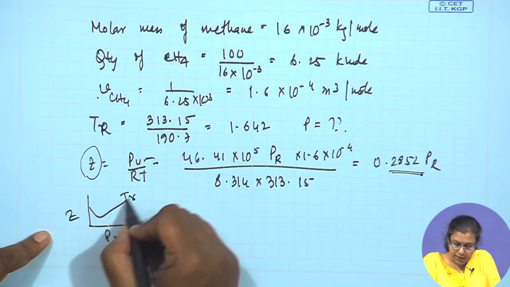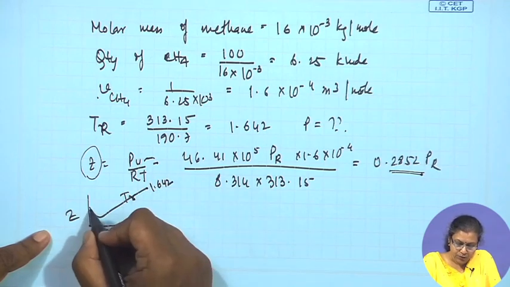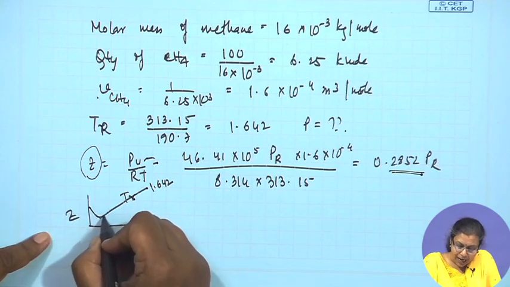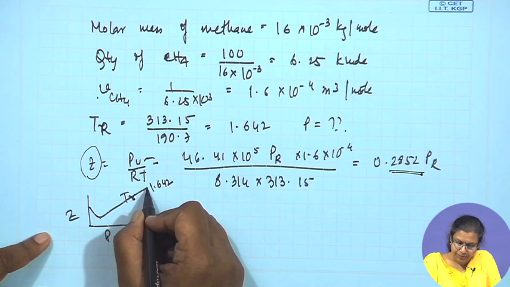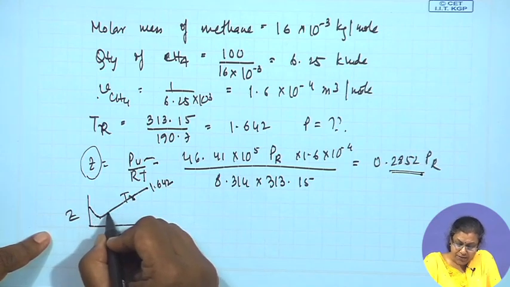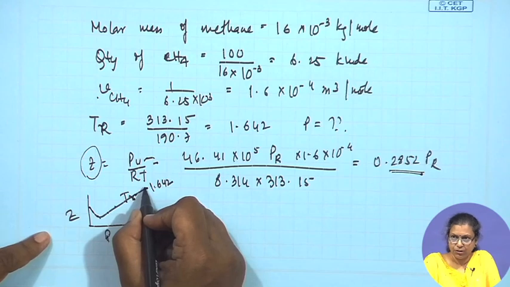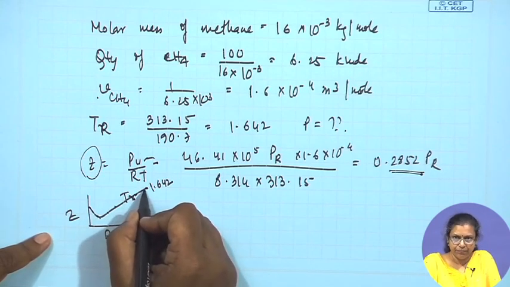So, if you have a Tr of 1.642, your particular condition will lie at some point on this particular isotherm, agreed. But where it is going to lie, you do not know, you just know it is going to lie on this isotherm. You need a trial and error method to find out exactly where it lies. It is a very difficult thing to do. Without anything, you cannot do a trial and error method.